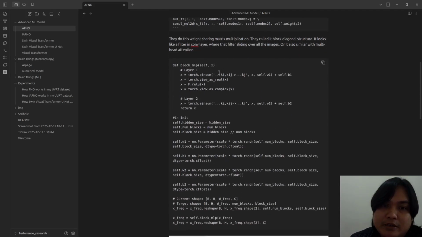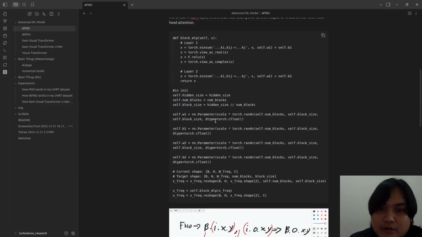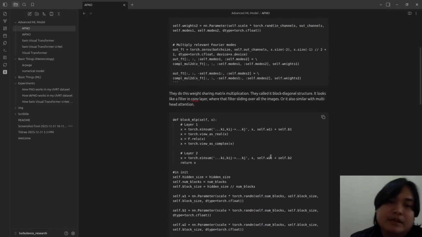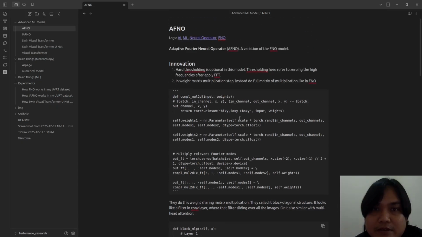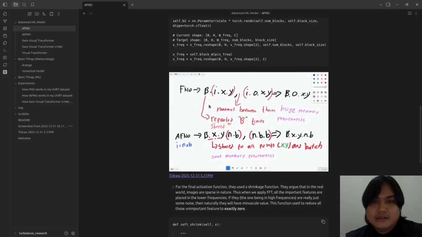Basically the diagonal block is like this. But I need to explain weight sharing first, since it's related to the diagonal block. I will explain it in this scribble.